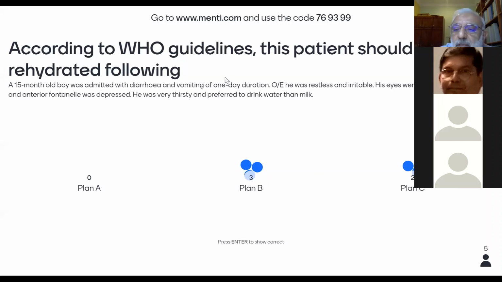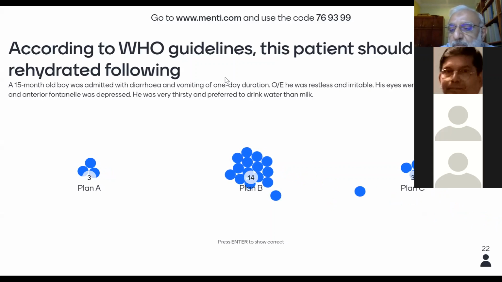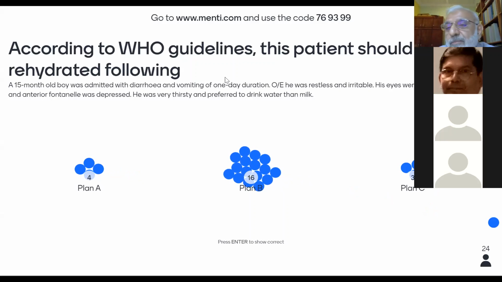In this scenario, the students first have to assess the degree of dehydration and then identify the plan of rehydration which would be used. This is application of the information they have learned previously. And as you see, the majority of people are responding with plan B, which is the right answer.